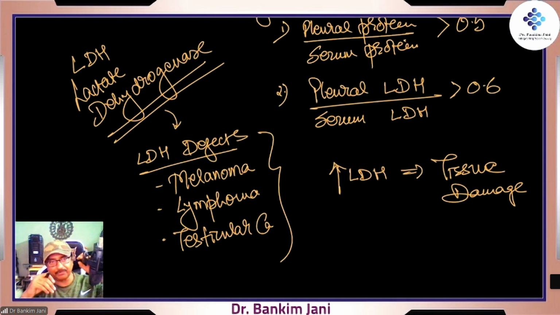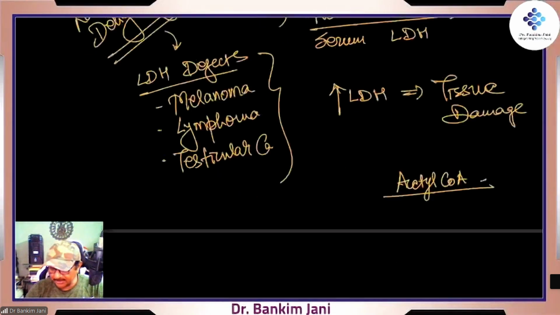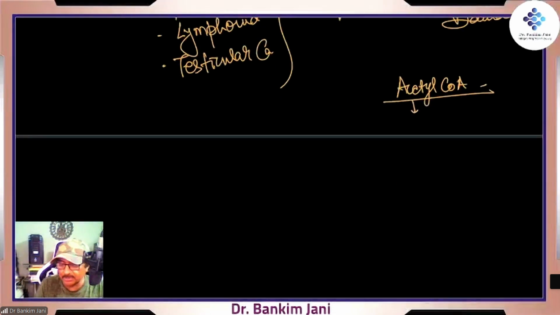Because what happens is that whether it is fat, either in the form of ketones or free fatty acids, or there is protein which gets converted to amino acids, or the carbohydrates, all of them will finally make what's called acetyl-CoA, right? And this is acetyl coenzyme A. It is this acetyl-CoA which goes into the TCA cycle, the tricarboxylic acid cycle, or it is also called the Krebs cycle.